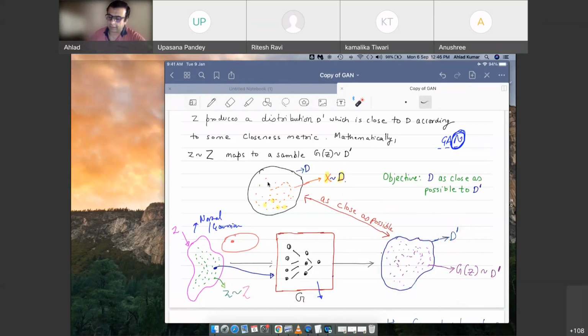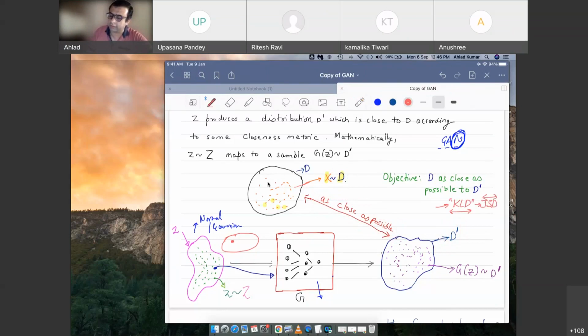That is our target. The closeness of these two distributions, D and D hat, can be measured in two ways. The first way is to use KL divergence, a concept used to find out how close two distributions are to each other. Another one is Jensen-Shannon divergence.